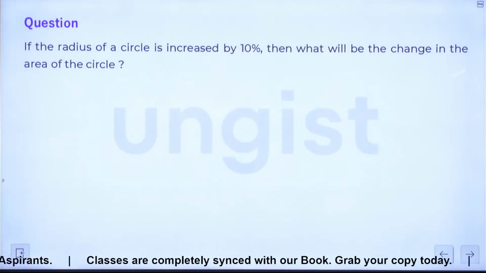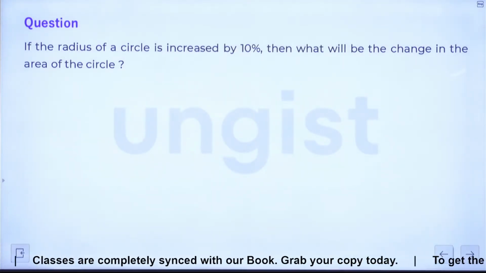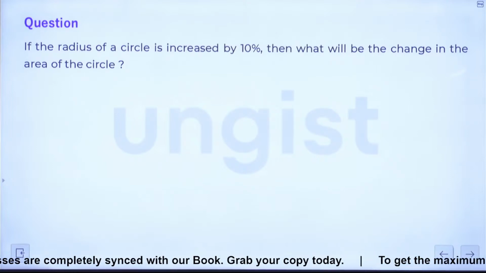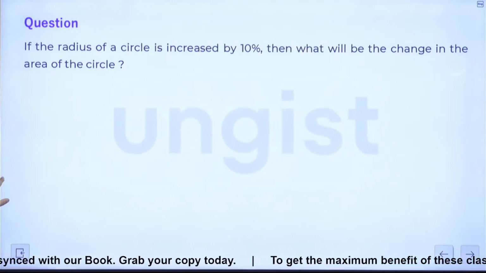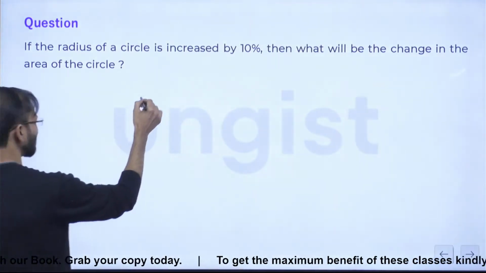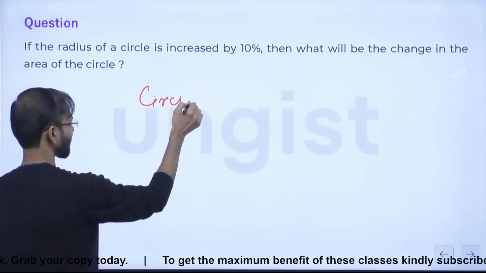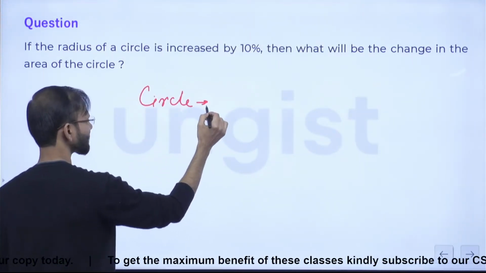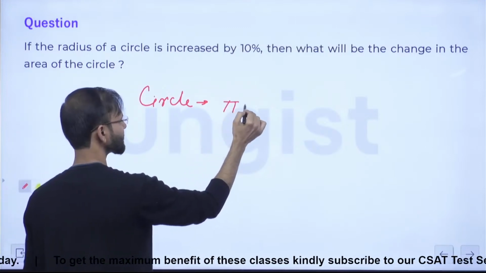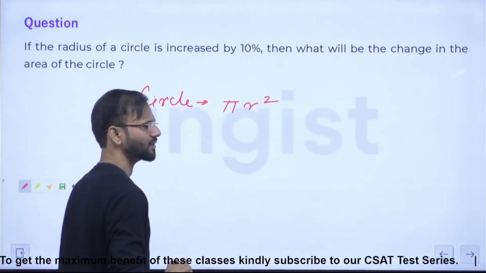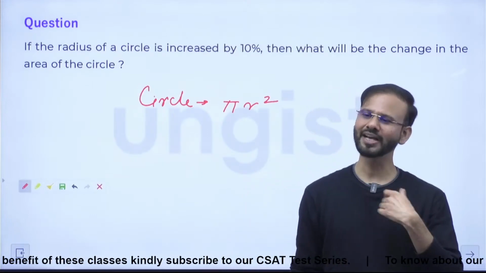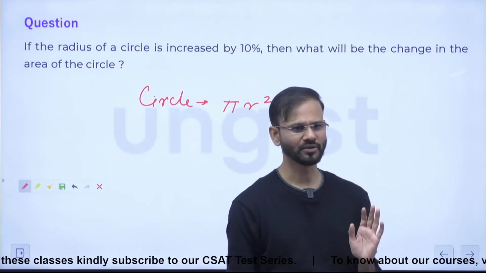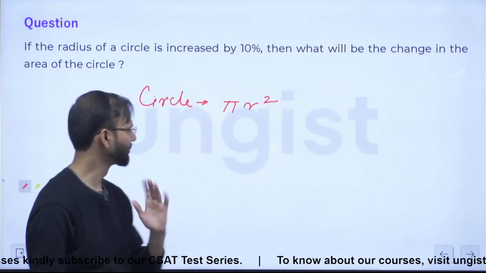The question is saying if the radius of a circle is increased by 10%, then what will be the change in the area of the circle, right? See everyone, if I talk about a circle, what is the area of the circle, friends? Pi r square. Pi is a constant term, which is 22/7 or 3.14, whatever you take it.